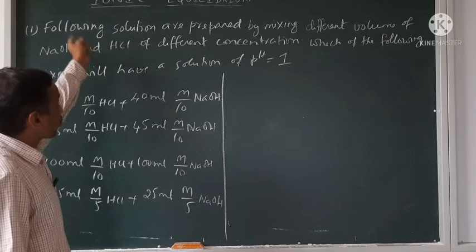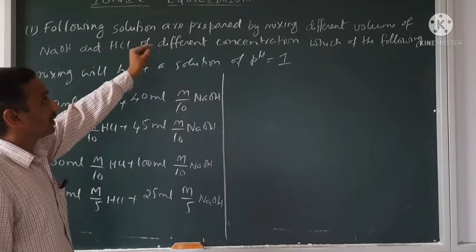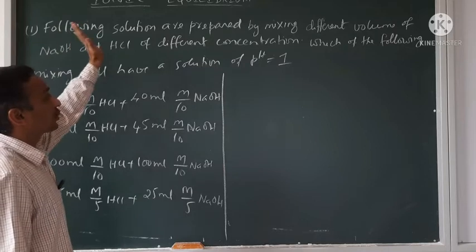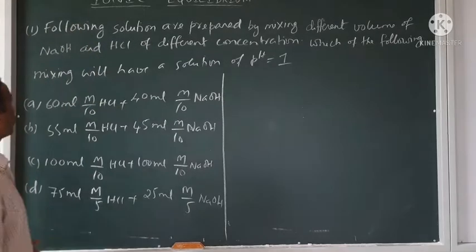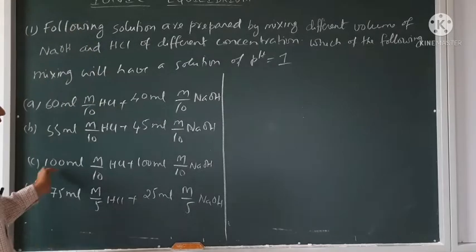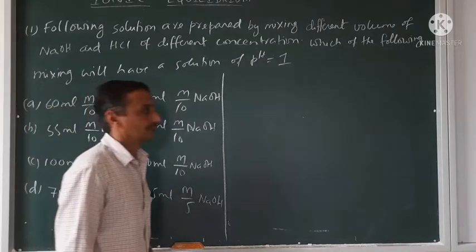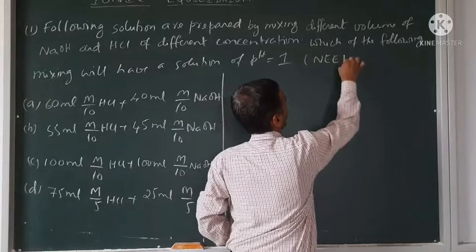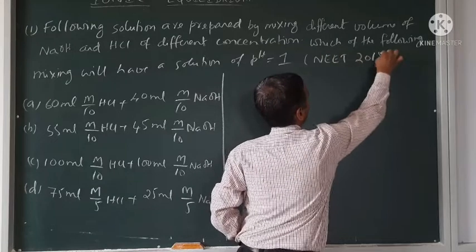See this question. The following solutions are prepared by mixing different volumes of NaOH and HCl of different concentrations. Which of the following mixtures will have a solution of pH 1? Actually, it was asked in NEET 2018.